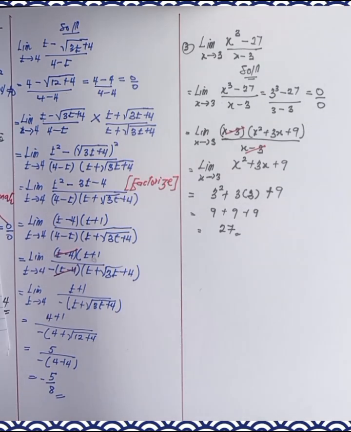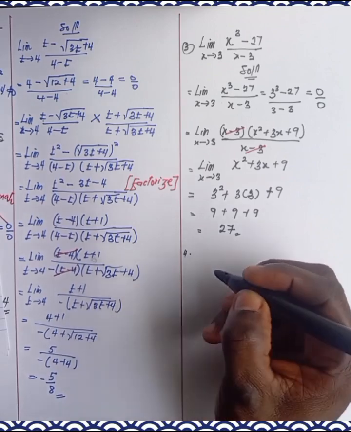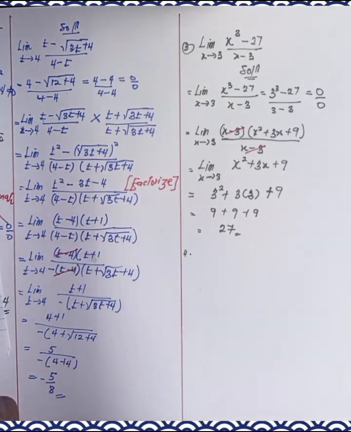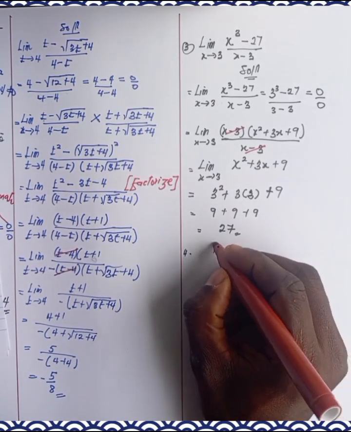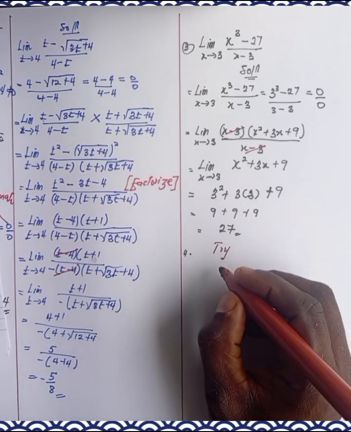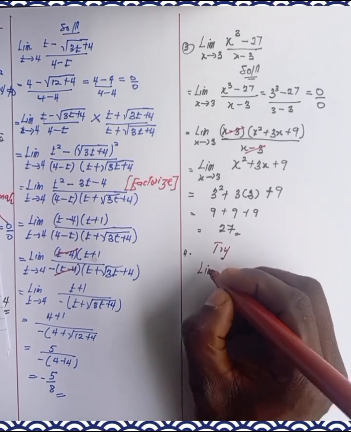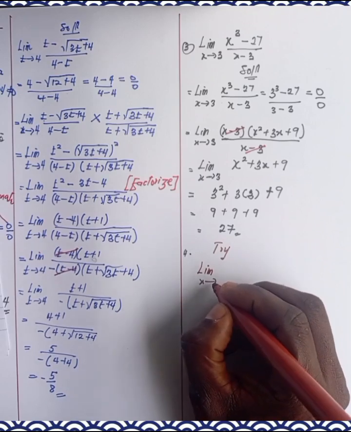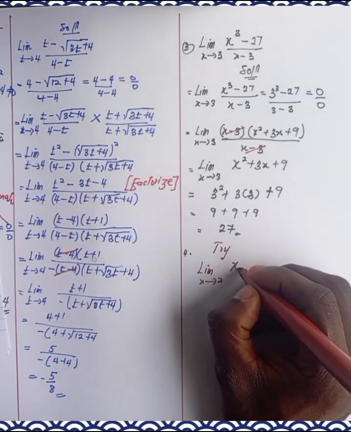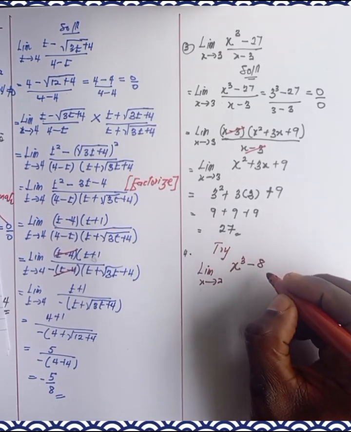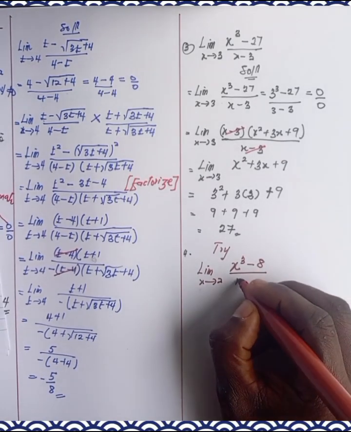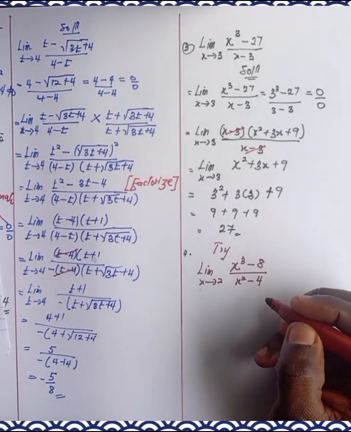You can try this and then I'll give you the suggested answer. So you try your hands on this one. We have, try the limit as x approaches 2 of (x cubed minus 8) all over (x squared minus 4).